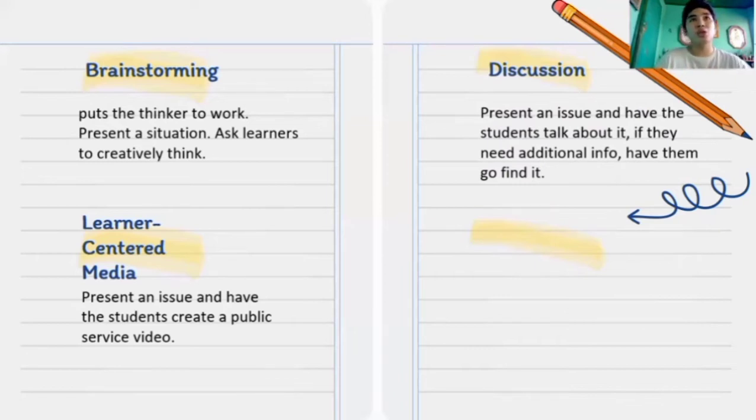when I'm discussing, I only said the definition of climate change, but I didn't say the examples, what are the unhealthy effects of climate change to our environment. So with that, students could collaborate with the teacher by giving additional info, and they could find it, and with that they could share all their ideas.